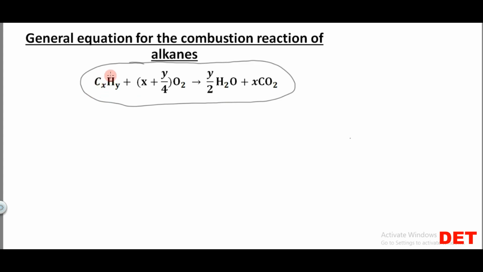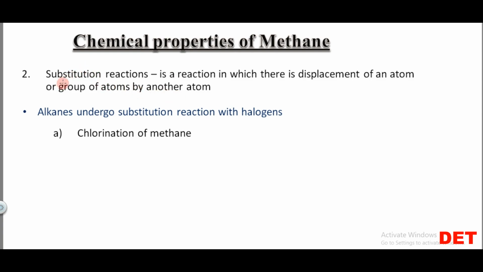CxHy plus (x + y/4) O2 will give you y/2 H2O and x CO2. In another video, we're going to look at how to use this formula to write out the combustion reaction for the alkanes.